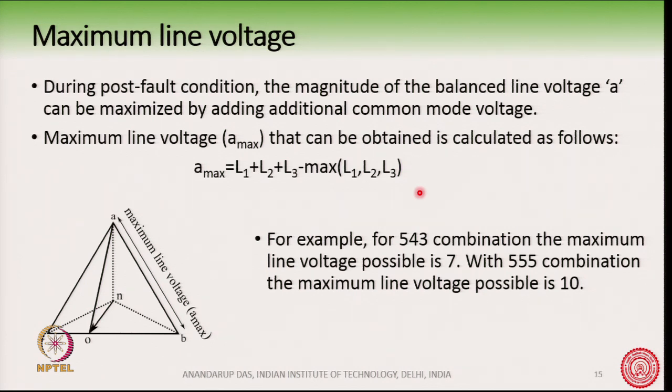How does it happen geometrically? You see here that the maximum line voltage will be obtained if this point O sits on one of the sides of the equilateral triangle. So, then this is one pole voltage, that is CO, another pole voltage is BO, and the third one is AO, and this will give us the maximum line voltage.